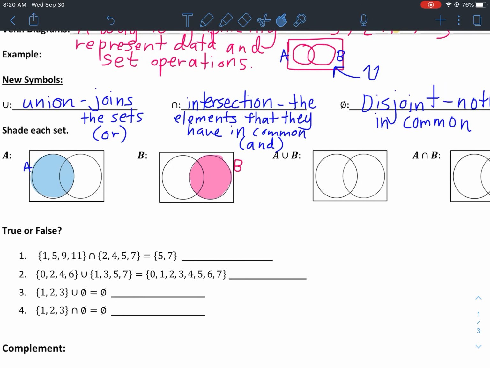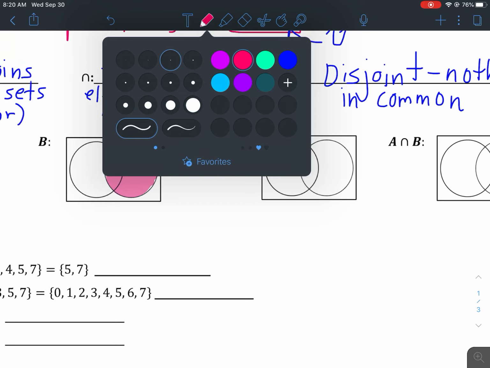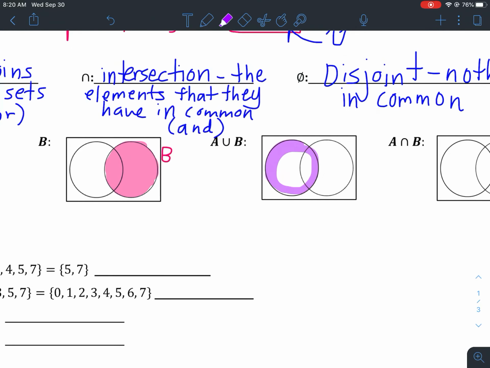The next one says A, and it has that U symbol, B. That U symbol means union, so we're joining the two sets together. If you're joining A and B together, we're going to shade both circles. We're joining them together.